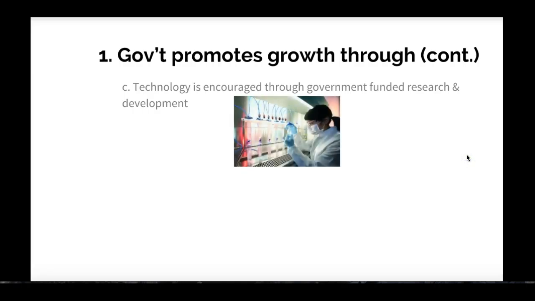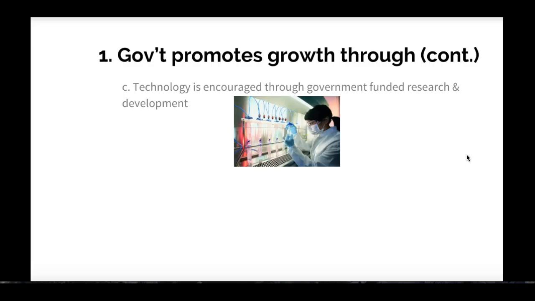For example, say private companies are researching a solution to type 1 diabetes. The government would encourage that by giving some sort of subsidy to those kinds of companies. So that's one way they can encourage it.